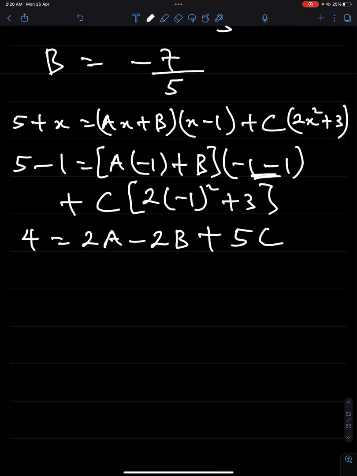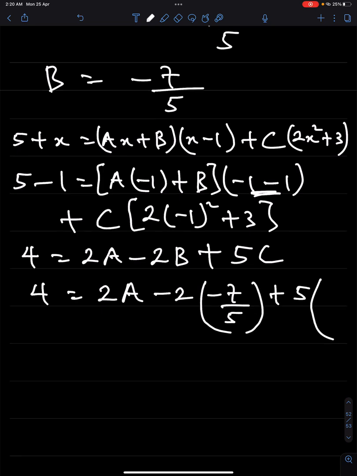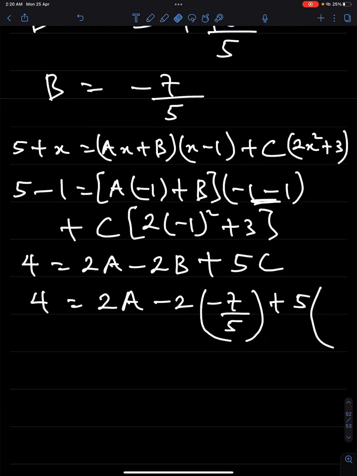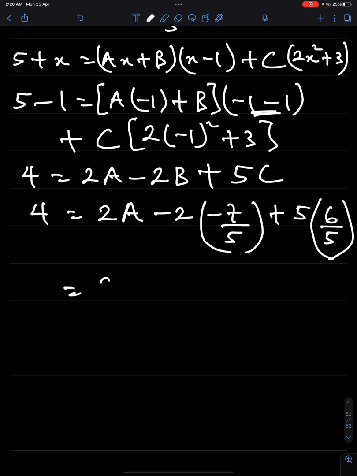So that simply means 4 equals 2a minus 2 into bracket minus 7 over 5 plus 5 times c, which is 6 over 5, 5 times 6 over 5. And that simply means 2a, this will be plus 14 over 5.